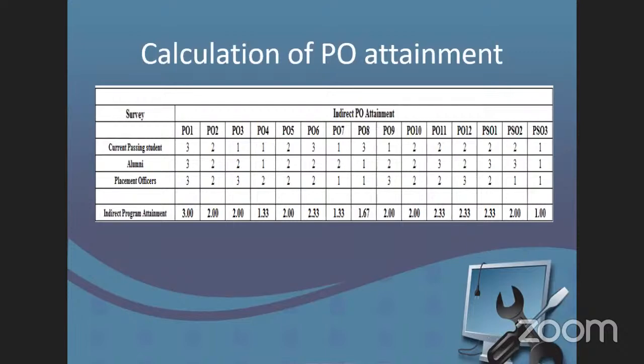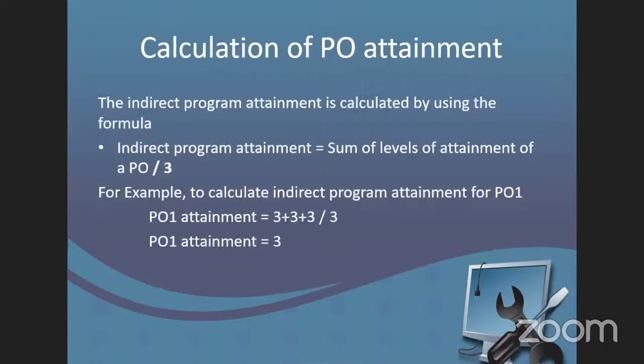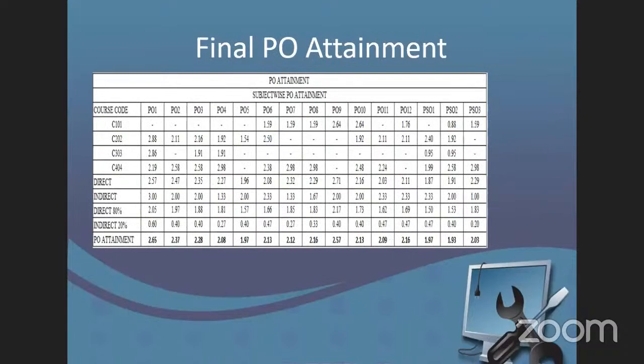I have the direct program attainment from the CO-PO mapping. So I take 20% of the indirect program attainment and 80% of the direct program attainment. Sum up, then I will get this particular value, 2.88 or 2.85, or any other value like this. For all these POs, and for all the courses, I should calculate the PO attainment.